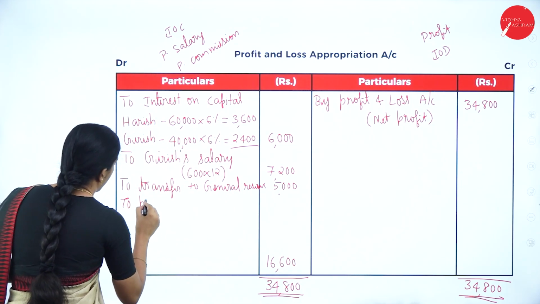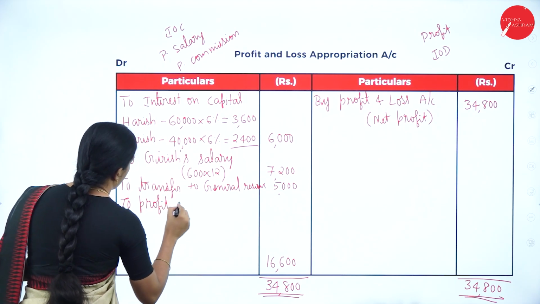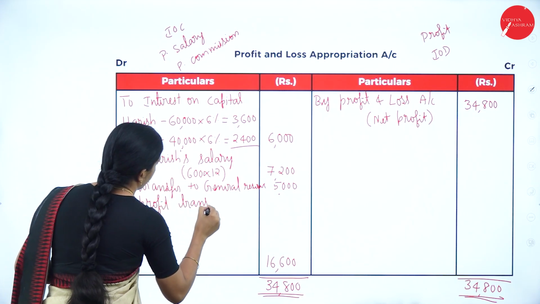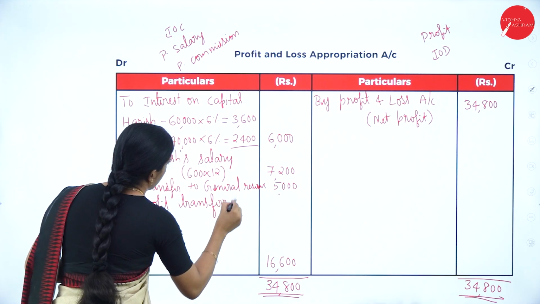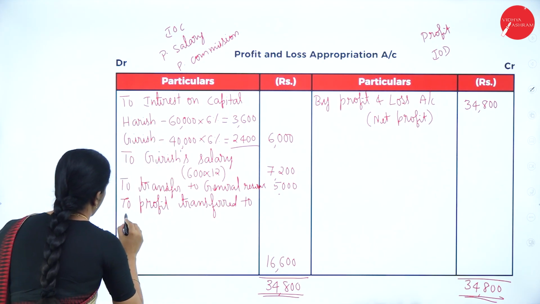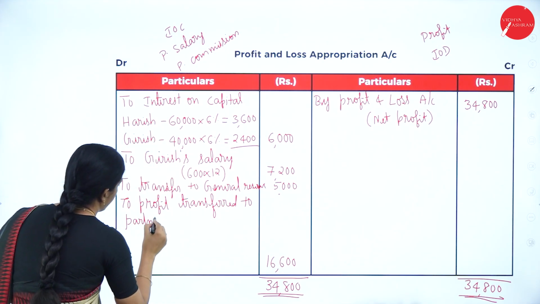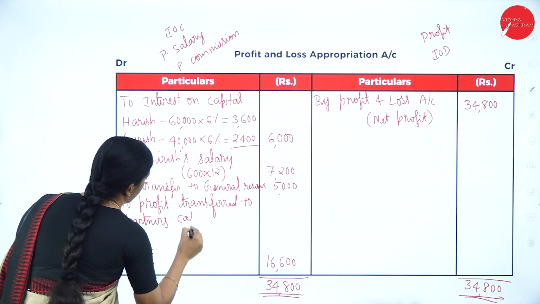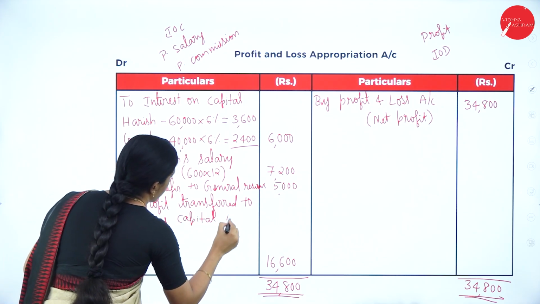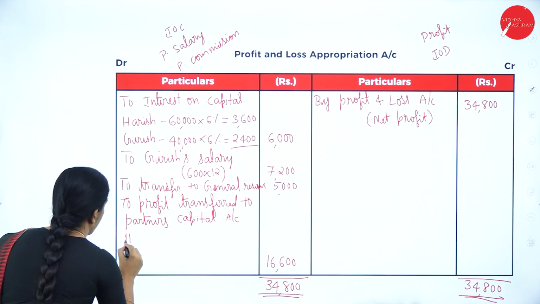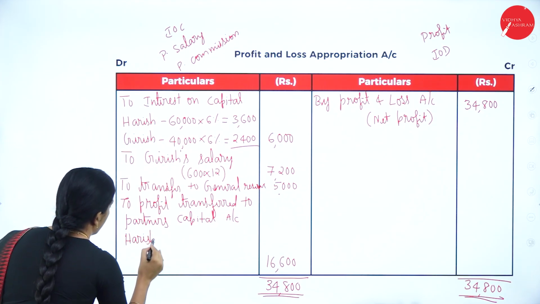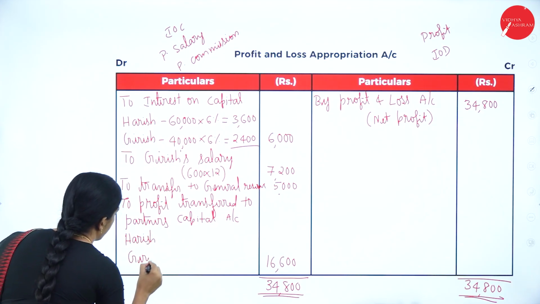So, to profit transferred to partners' capital account. Who are the partners? Harish and Girish.